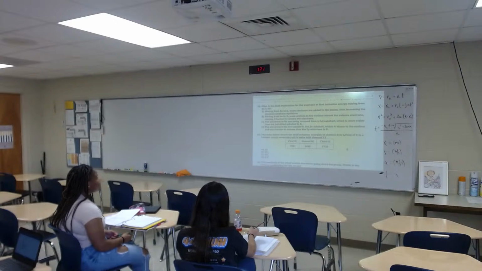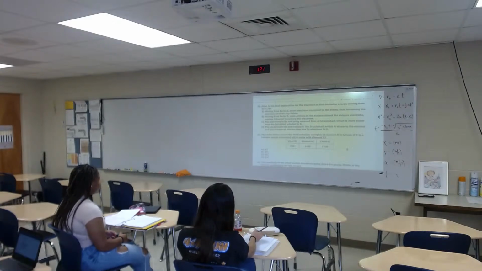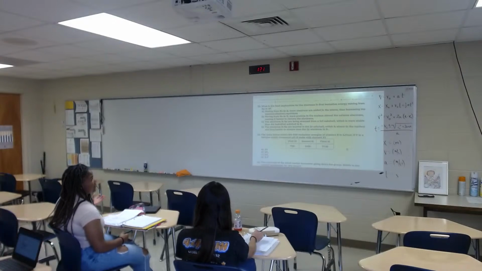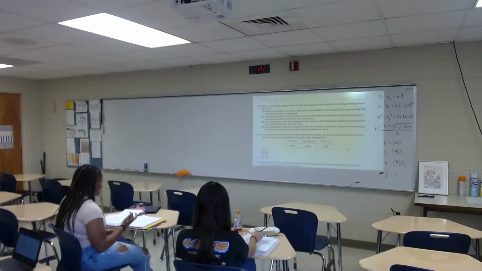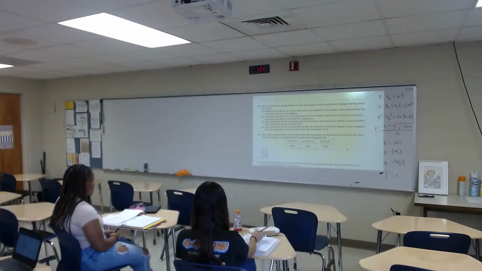What is the best explanation for the decrease in first ionization energy moving from beryllium to boron? This is an exception to the trend, right? Yes, this is group 2 to 13.